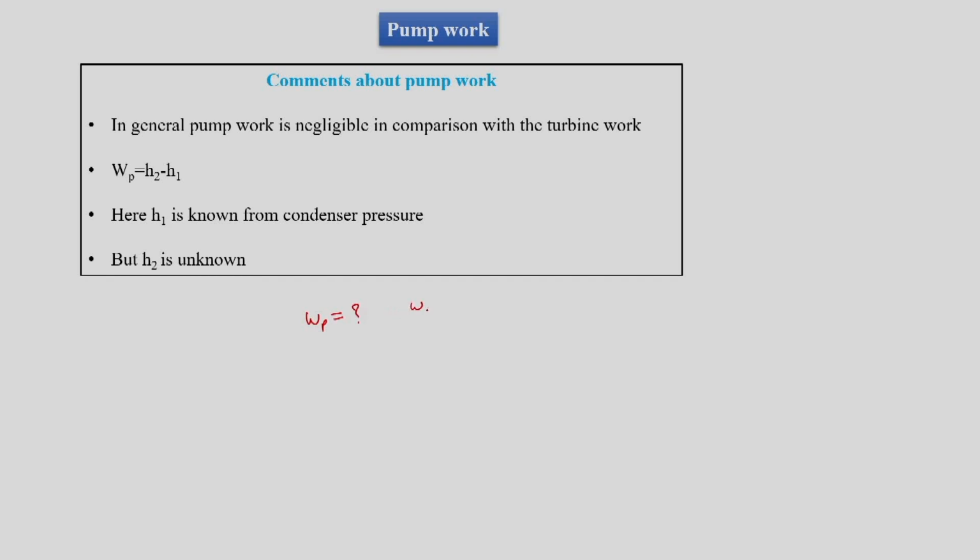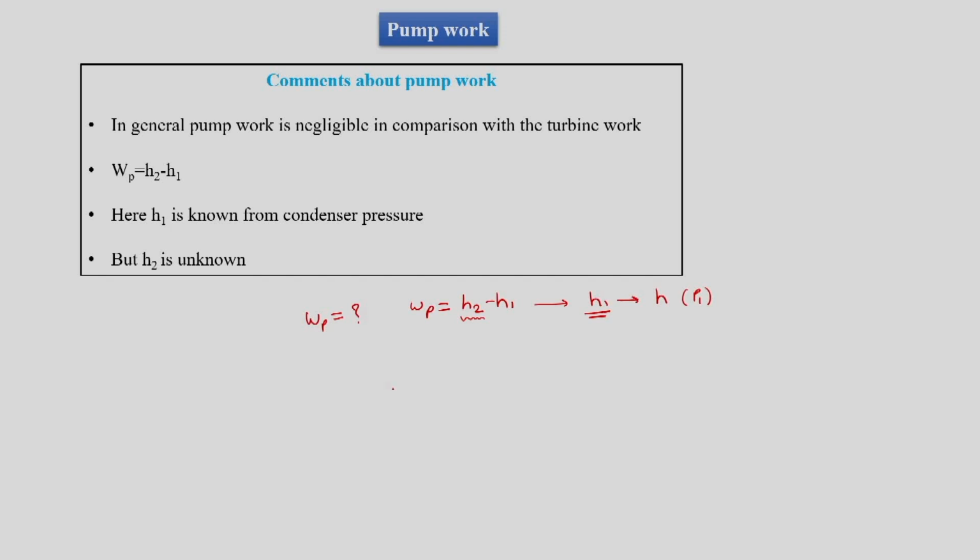Although we know that WP is equal to H2 minus H1, we said that we know H1, and H1 corresponds to the saturation enthalpy of liquid at pressure P1. It is a saturation enthalpy. But how to find out H2? We would have steam tables, but steam tables would not generally deal with liquids.